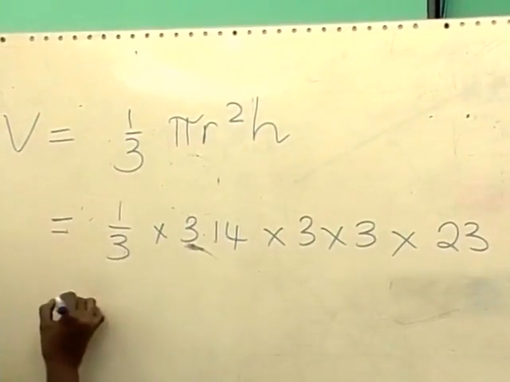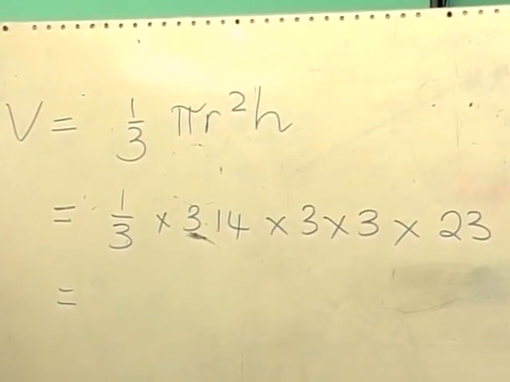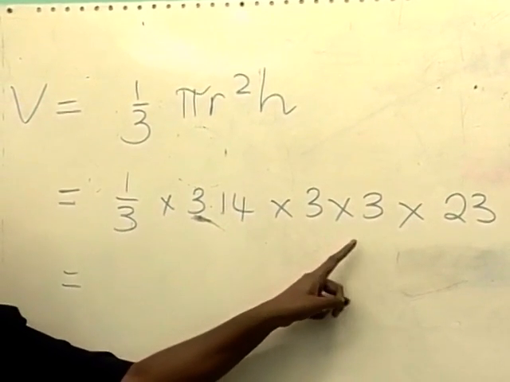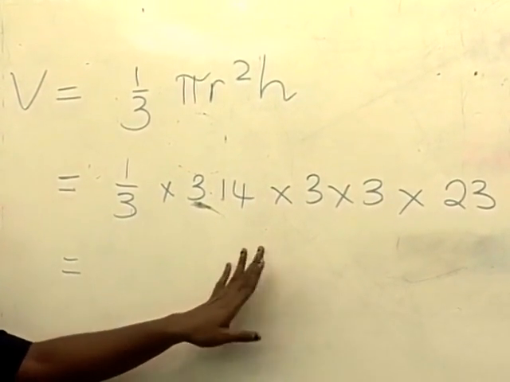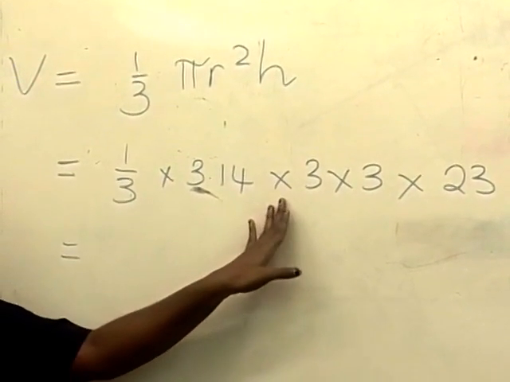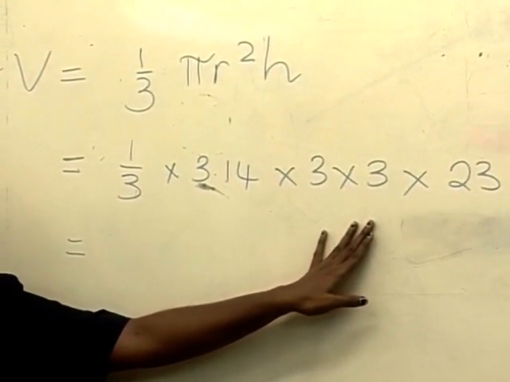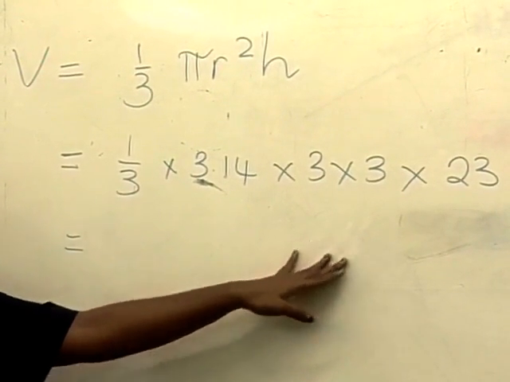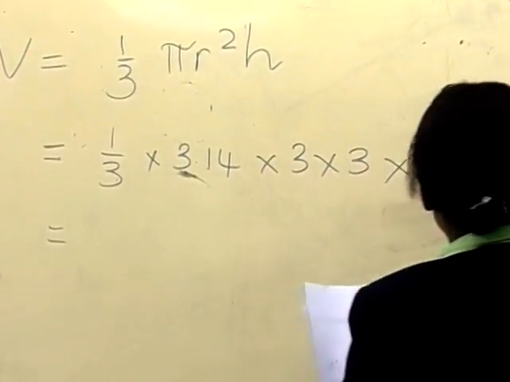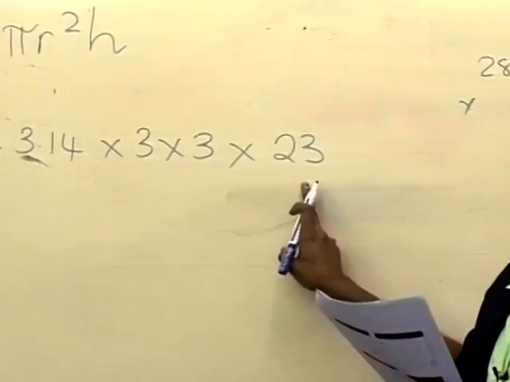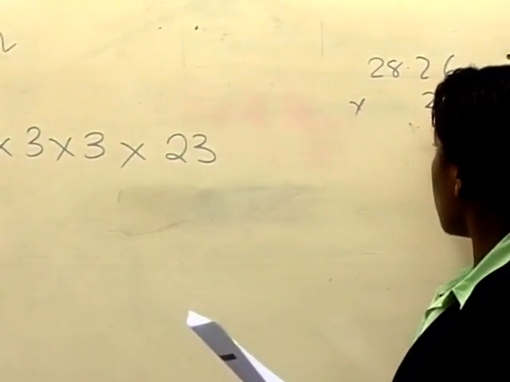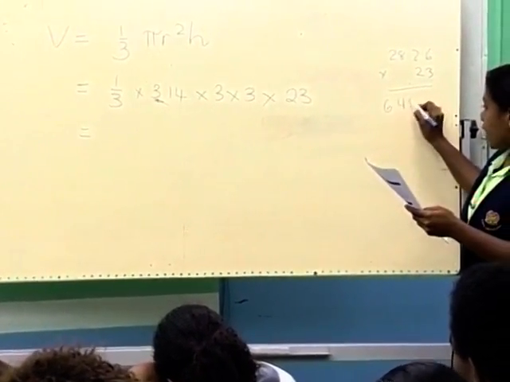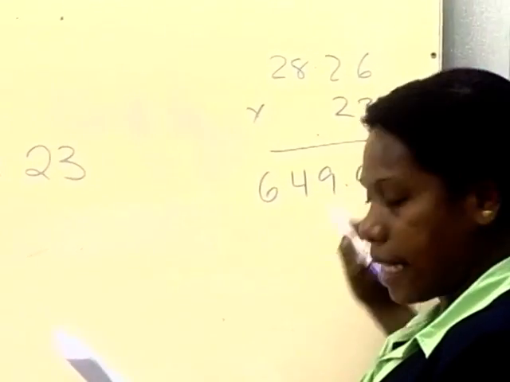We have to multiply 3.14 times 3 times 3 times 23. Firstly, we multiply 3.14 times 3 times 3. What's our answer? 3.14 times 9 is 28.26, times 23. What's our answer? 649.98.